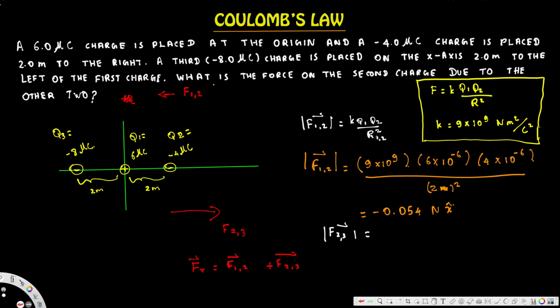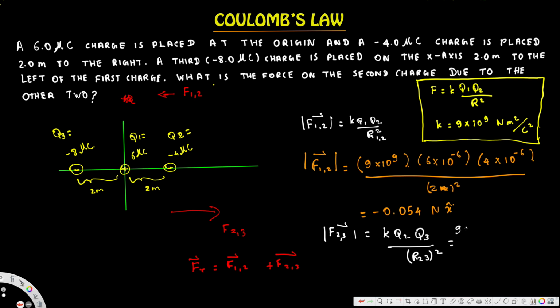So for this one, the equation is K Q2 Q3 divided by R23 whole squared.